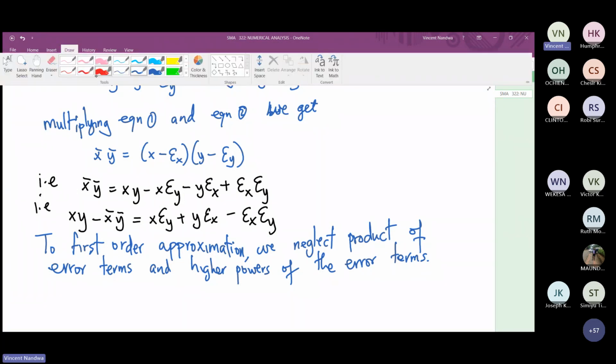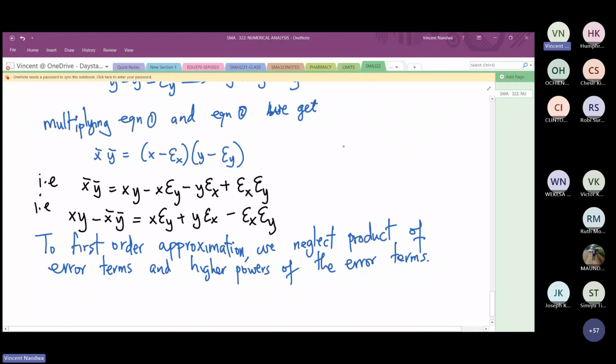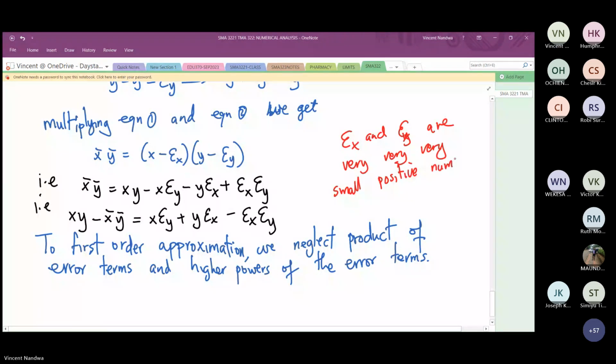From the start, it is assumed that error in x and error in y are very, very small positive numbers. So this is usually the assumption from the start, that the magnitudes of errors in the quantities x and y are very, very small positive numbers.